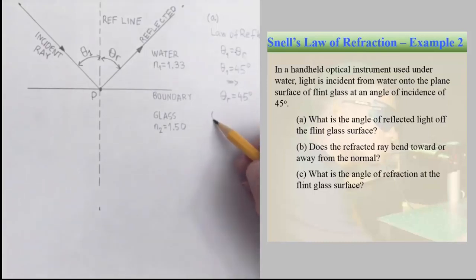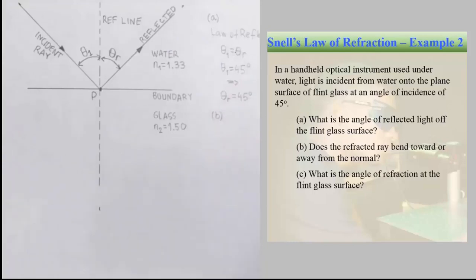Now, moving on to part B of the problem, you're being asked to determine whether the refracted or bent light ray bends toward or away from the normal. Now, the fact that n1 is lower than n2, n1 being 1.33 and n2 being 1.5, indicates that we are moving from an optically less dense medium into an optically more dense medium.